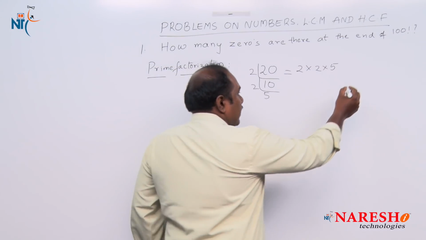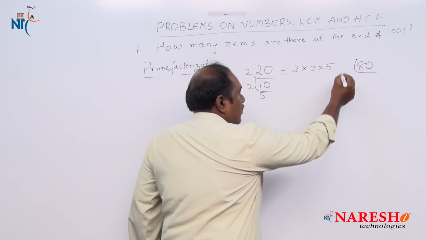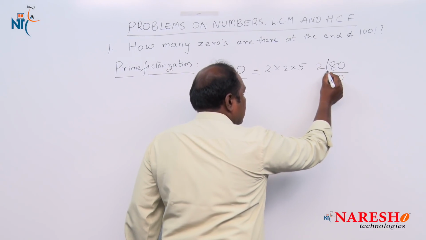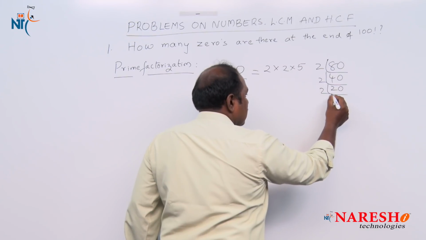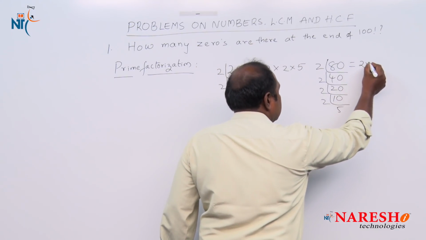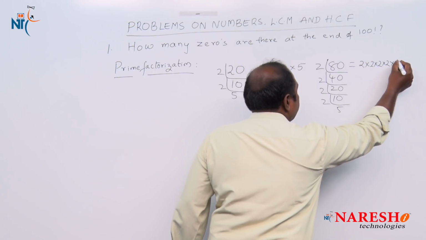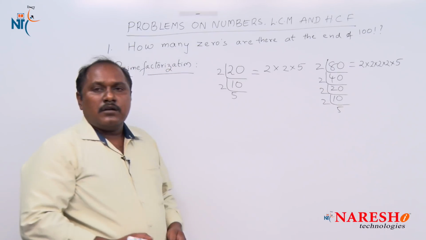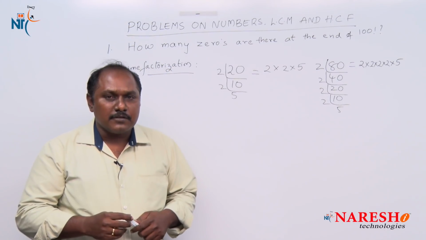How to prime factorize 80? 2 40s, 2 20s, 2 10s, 2 5s. So 80 can be expressed as 2 into 2 into 2 into 2 into 5. Now this is a concept we are going to use to solve the questions in this chapter.